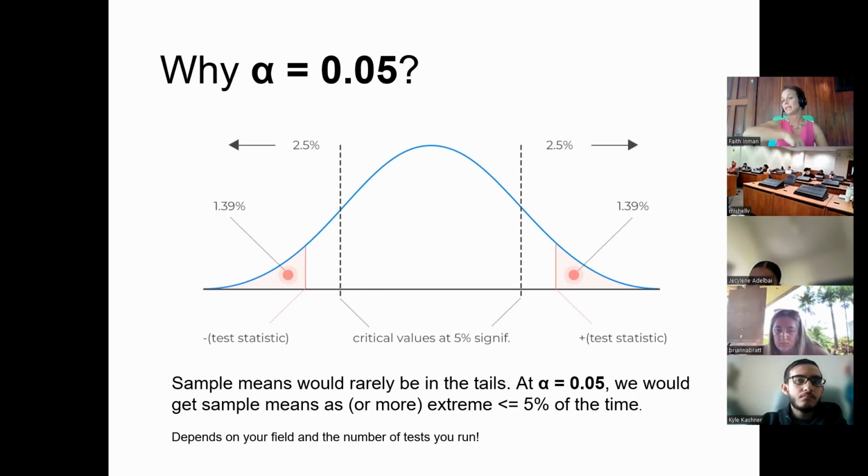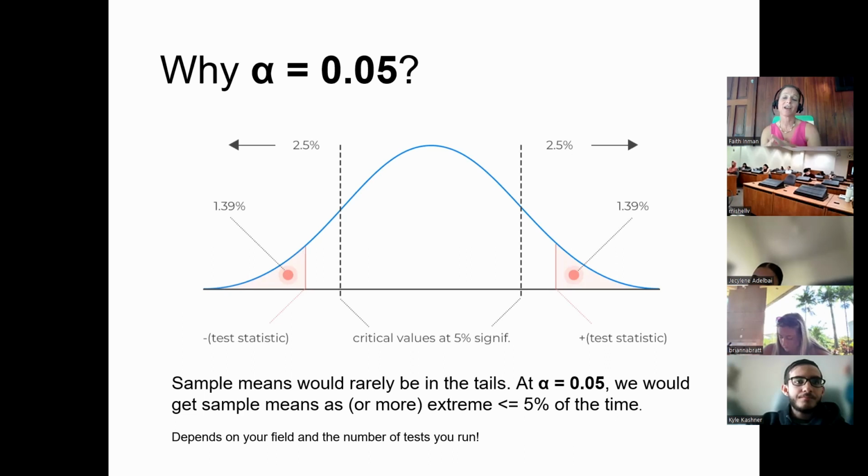Each time you take a sample, you calculate the mean. Let's say you had a population of students and you take a random sample of 30 students and calculate the average height. You take another sample of 30 students and calculate the average height, and you keep doing that over time.